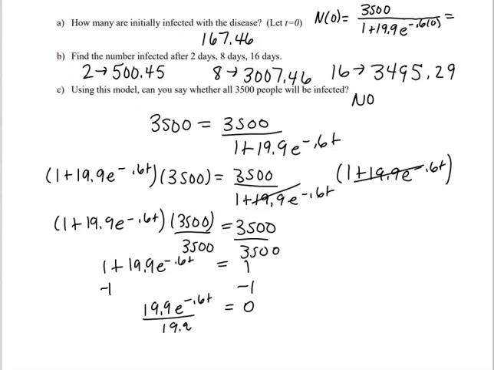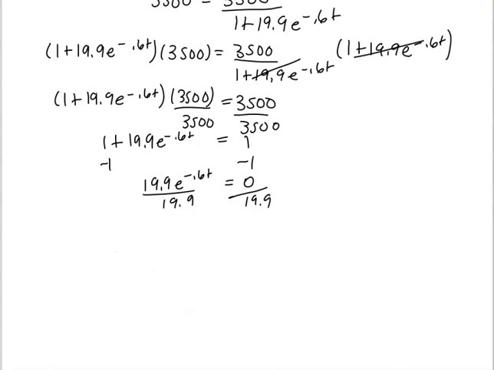Divide by 19.9 on both sides of my equal sign. Going to get 0. The 19.9s will cancel out, and e to the negative 0.6t is what we're going to be left with. And then we're going to want to take the natural log of that on both sides.